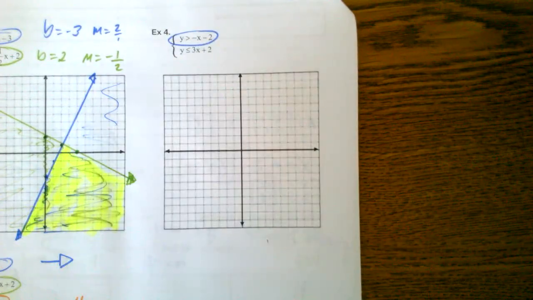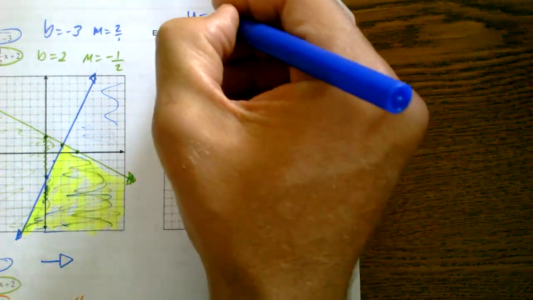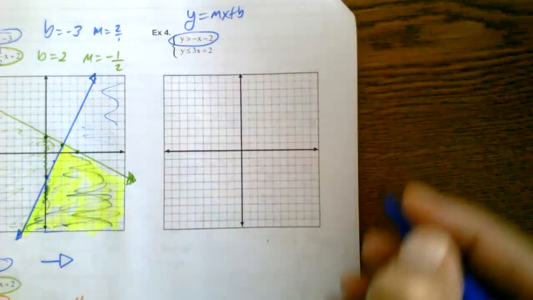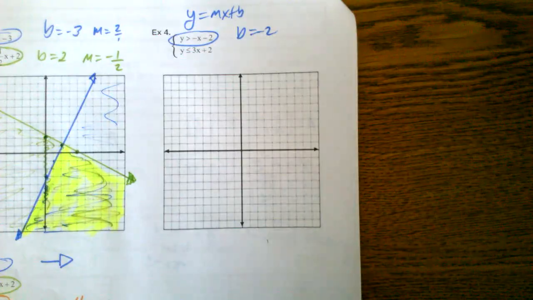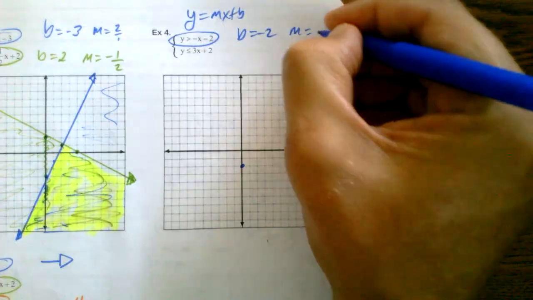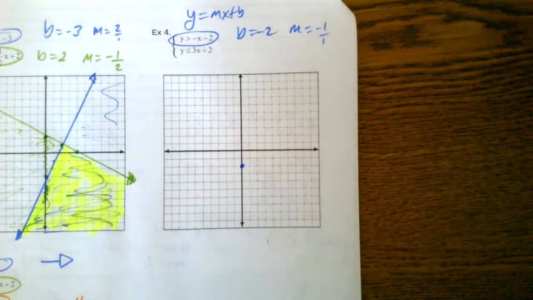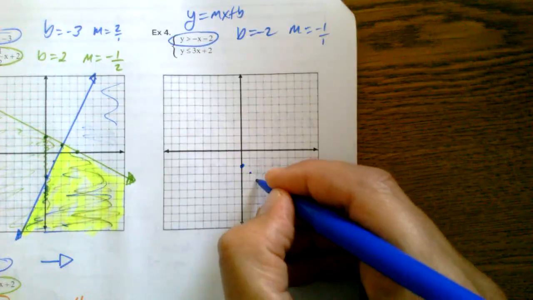I've got y is greater than negative x minus 2. Remember, that's in terms of y equals mx plus b. But b is negative 2. So I'm going to go down 2. My slope is the number in front of x. That's negative 1 over 1. When you're talking slope, don't include the x. It's just the number in front. So I would go down 1 over 1, down 1 over 1, down 1 over 1.